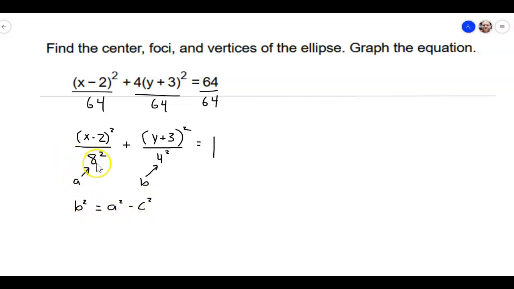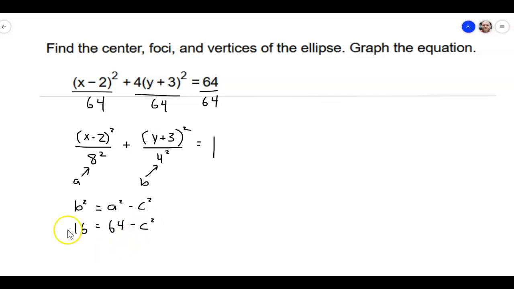So B squared is just equal to 64. So this is going to be 64 is equal to, oh wait, that's not right, is it? B squared, the B is the 4, so that's 16 is equal to A squared, which is 64, minus C squared. All right, and then I'm going to solve for C squared.